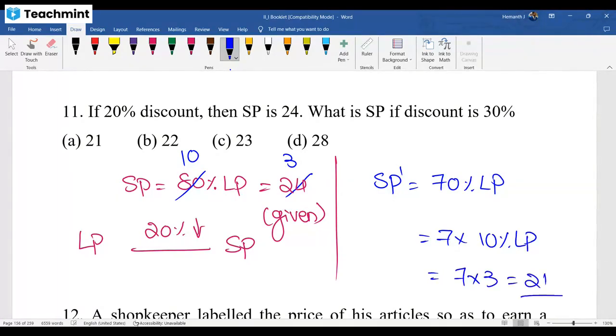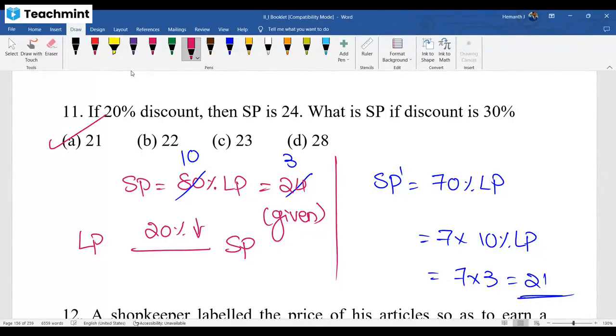This question, if you see any textbook, they'll give a lot of formulas involving 2 or 3 equations, not required. If you know, they have clearly given 20% discount. So 20% less. 100% means there is no change, no increase, no decrease. We already discussed in the previous session. 100% means 1. So please be regular for the classes. If you attended the previous session, then this session is easy.